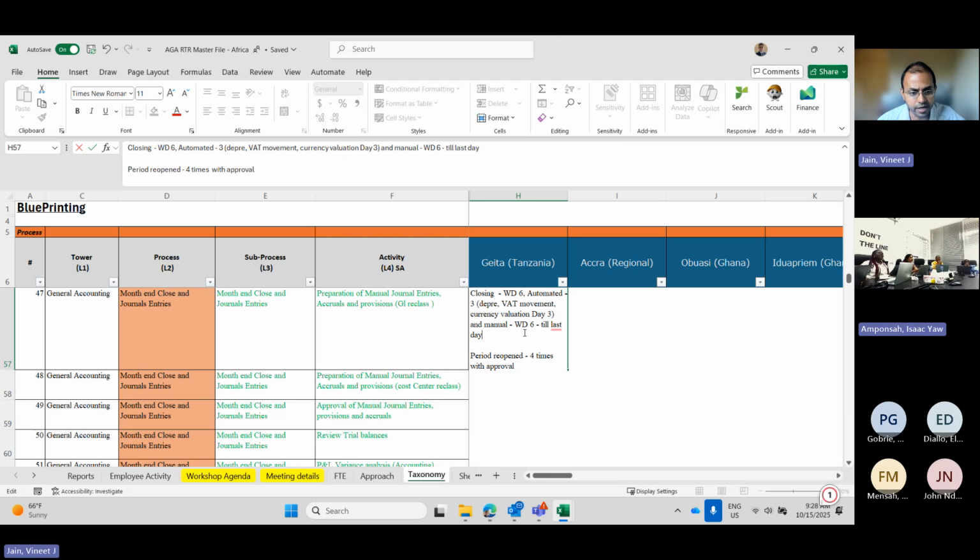It can be approximate. If you are doing 500 journals, 1,000 journals, manual journals, that I can understand. With regards to manual journals, AP is doing some, AR is doing some, fixed assets people are doing some, budget people are doing some. So it's really hard to tell.